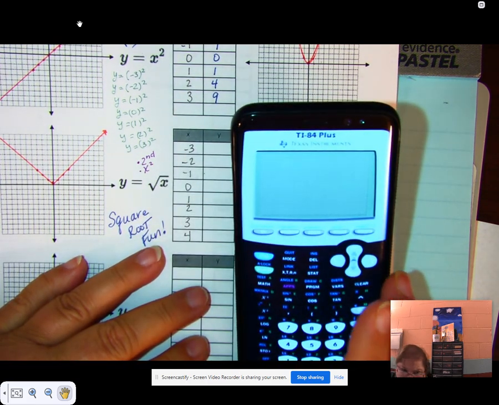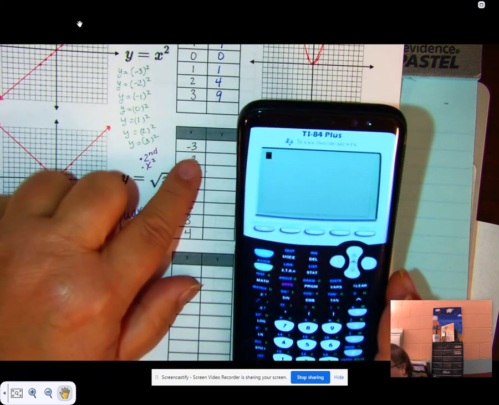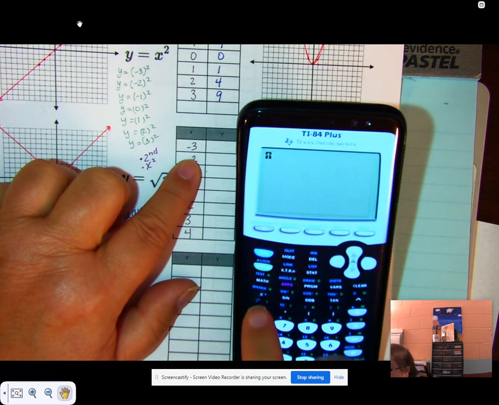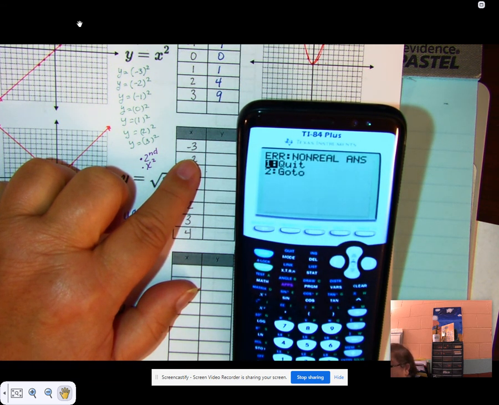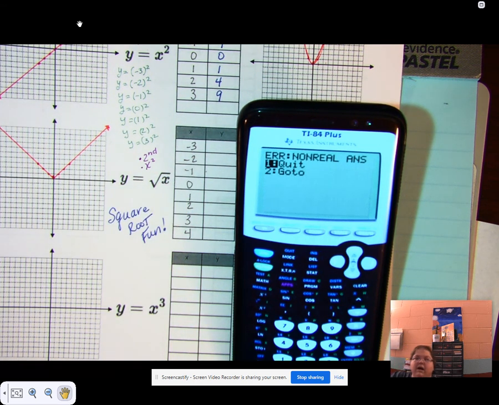So when I type in square root of -3, second x squared gives me my square root, and then I type in -3, enter, what do I get? Error.